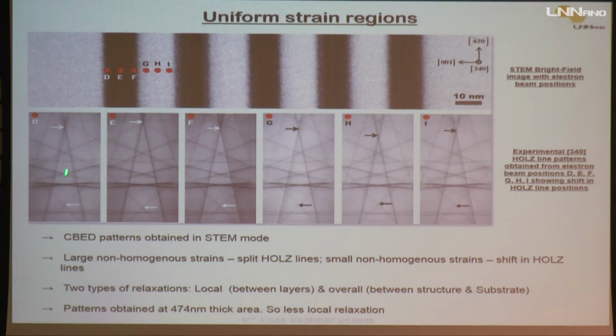But here there is a shift in the Holstein positions, and there is no splitting. The intensity of the Holsteins is a little broader, but we can still clearly see the shift. We will try to quantify this shift and extract the strain information in this SLS structure.